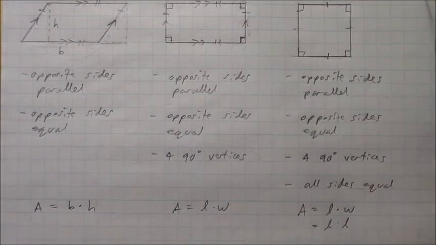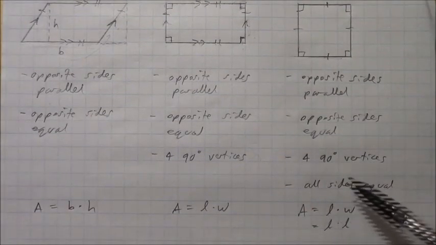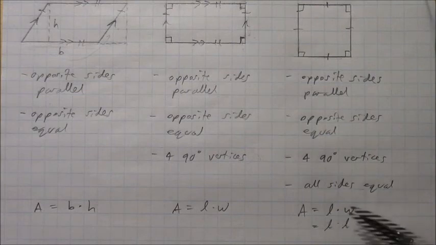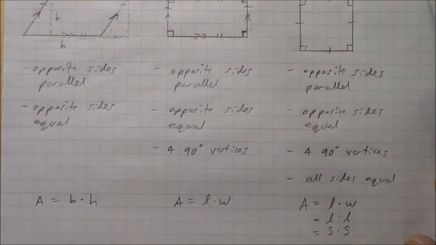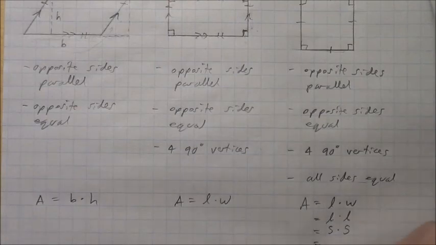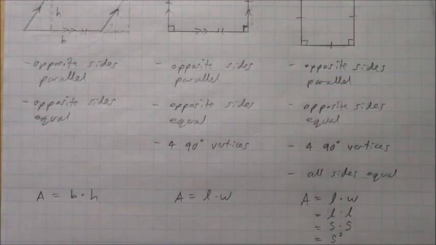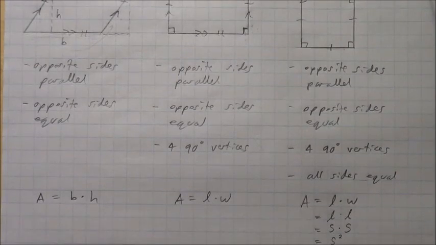But because these are the same length, we don't really even have to refer to it as length. We can just say side length. So side length multiplied by side length. And then we can go one step further and simplify this and say that the area of a square is side length squared. So s squared would be the area of the square.